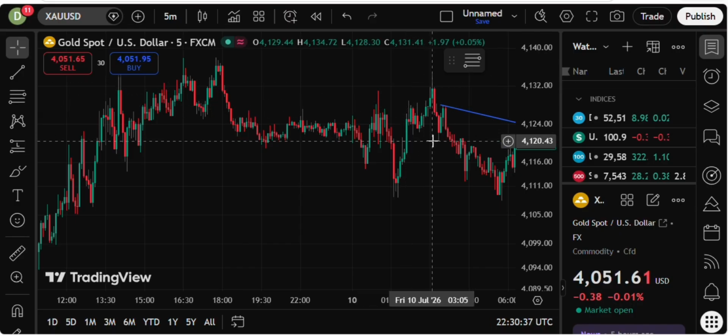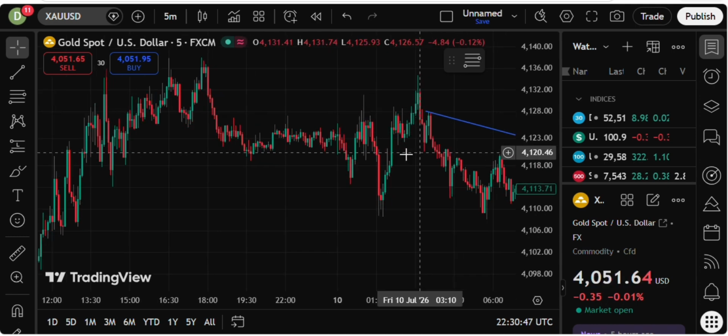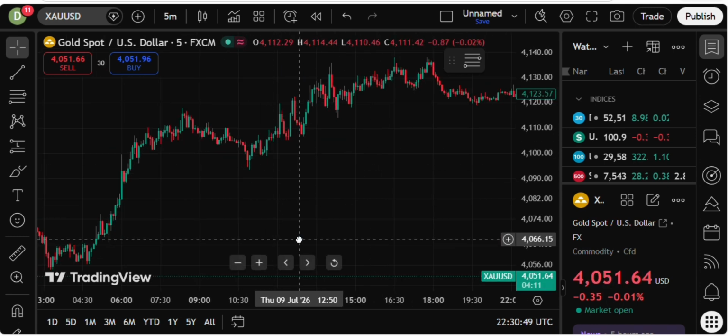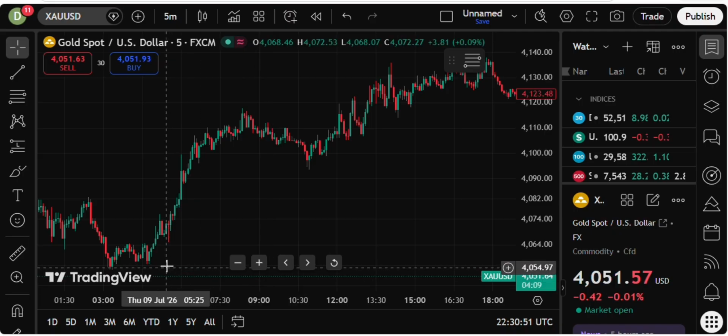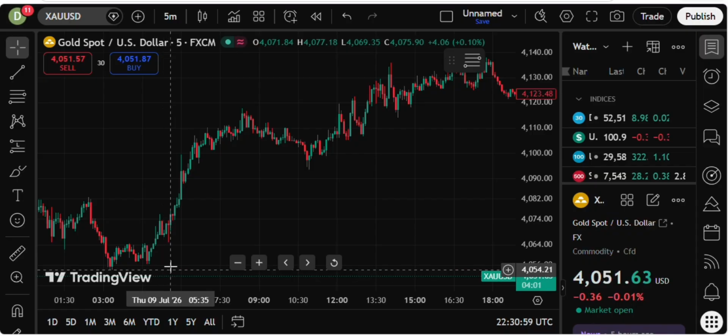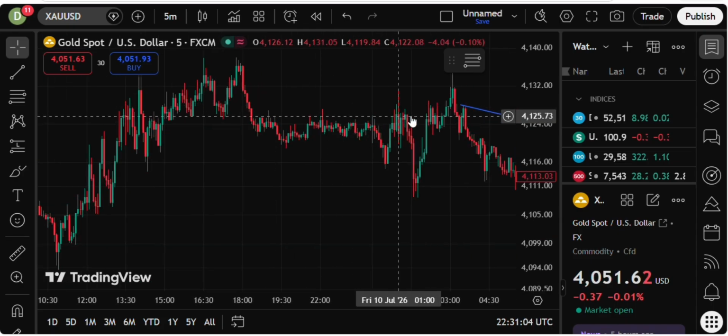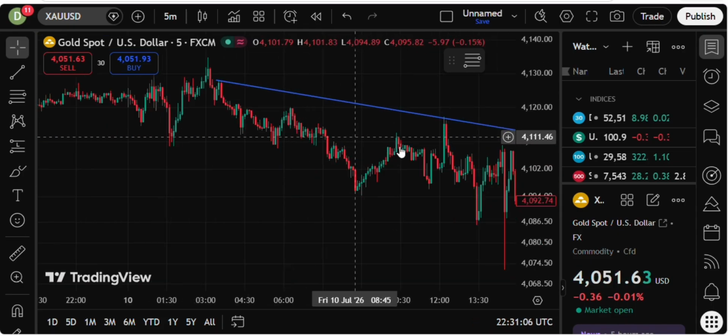Then the funny part, the main reason it is called history repeating itself, is this. You see, the market moved from here a few days ago, around 4052.44, and it went up and rejected and rejected, again and again.